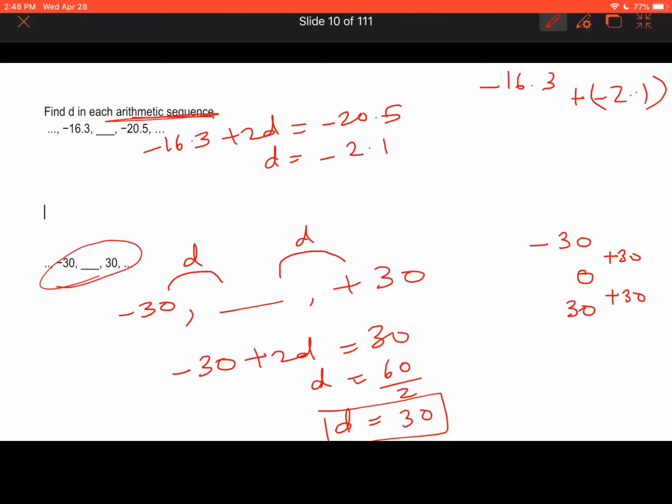So what we will get is minus 18.4. With this we have to add again minus 2.1, which will become minus 20.5. So we have got the values, right? So D is equal to minus 2.1.